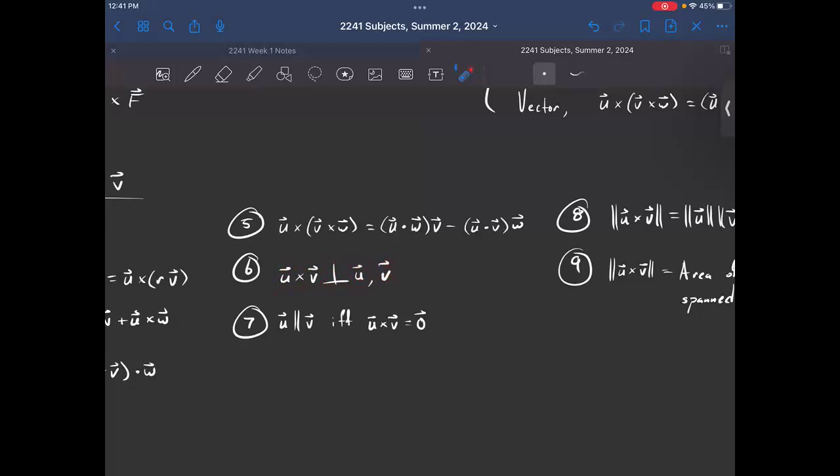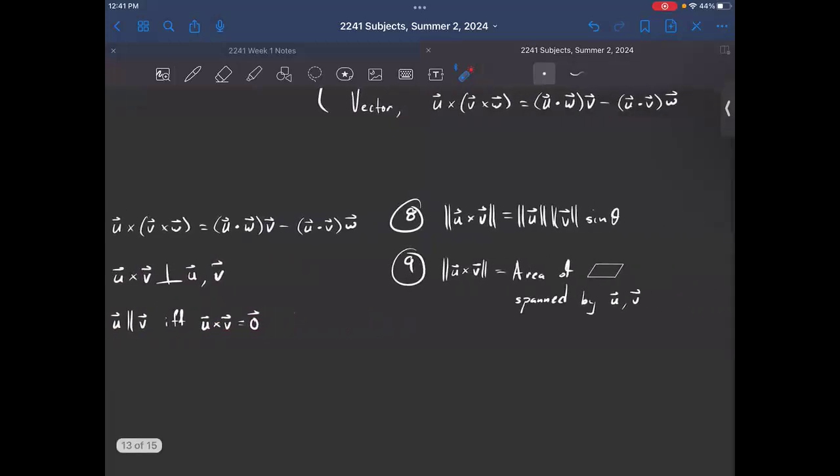So in 3 dimensions, you can have a line that is perpendicular to 2 other lines. And that's what this says. The cross product is a way of doing that. Property 7 here is that 2 vectors are parallel if and only if their cross product is equal to 0. We'll see some geometric justification for that as well.